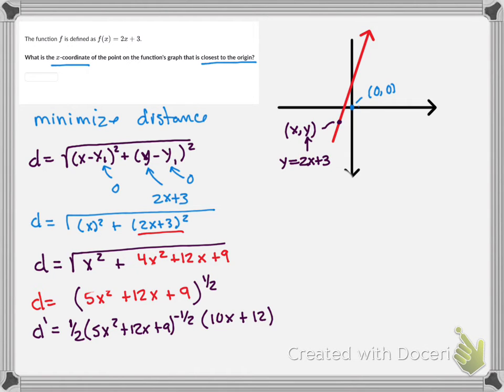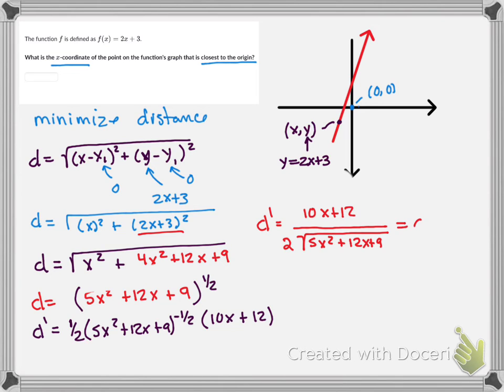Or written another way, d prime is 10x plus 12 over the square root of 5x squared plus 12x plus 9, and there's a 2 down here.